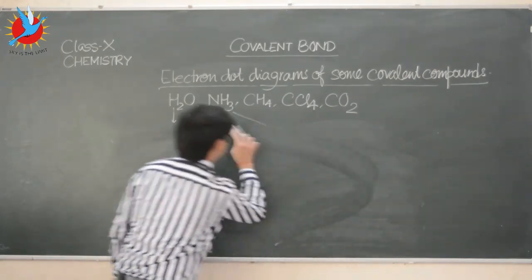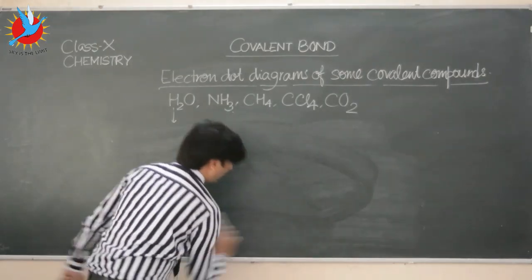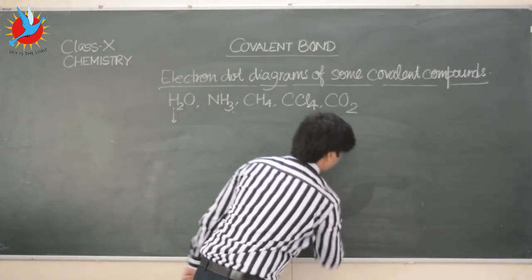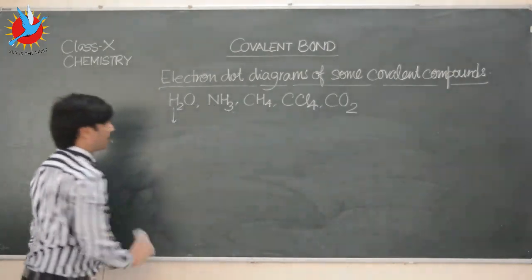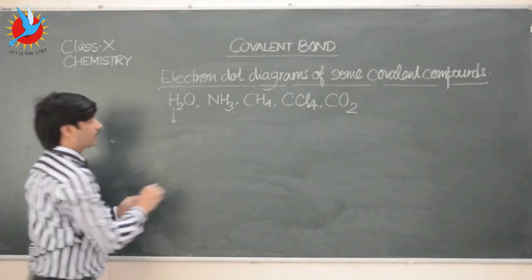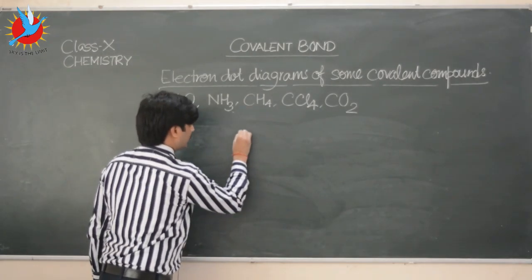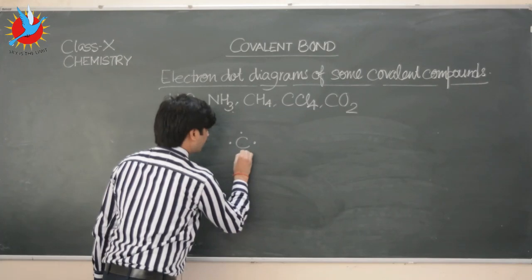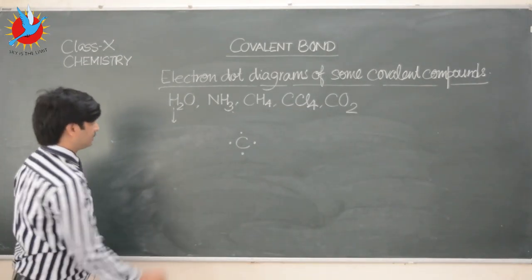Methane molecule has 1 carbon atom and 4 hydrogen atoms, and the electronic configuration of carbon atom is 2, 4. It means carbon has 4 electrons in its outermost shell.